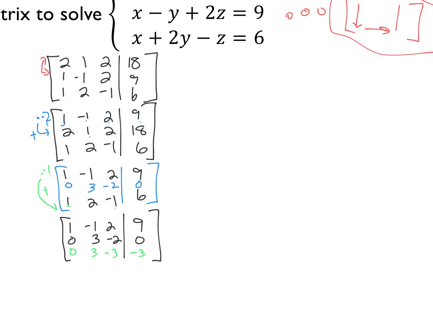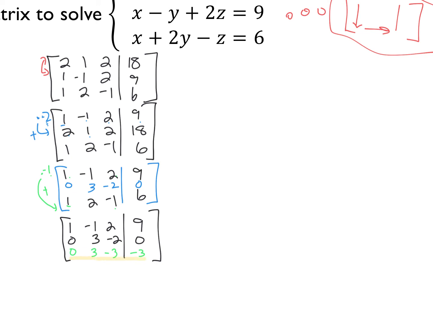And that's it. Now the first column is completely done. In row 2, column 2, we want that value to be a 1. In order to do that, I either have to multiply by a fraction, but look at this.